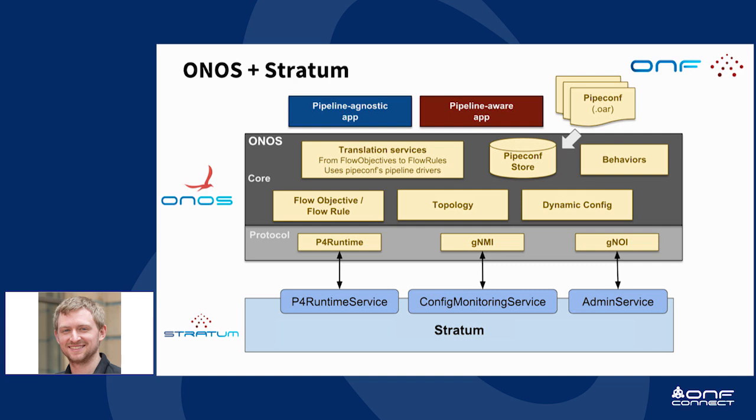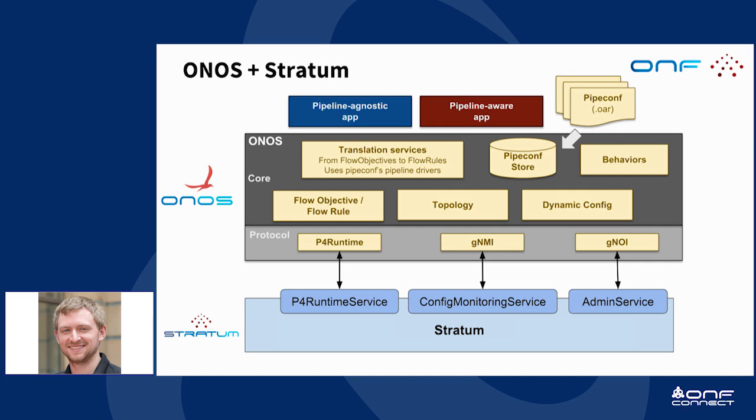We've also plumbed P4 Runtime into our flow rule and flow objective subsystems. Flow rules and flow objectives are ways to either target individual tables or target that underspecified pipeline I alluded to as part of the earlier challenge. Then we can translate from ONOS's core abstraction, which is those two, flow rules or flow objectives, down to the P4 Runtime program.